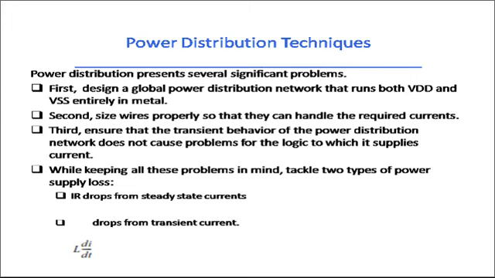Whenever you route VDD as well as VSS, the size of the wire should be sufficient to handle the required currents inside your IC. Also, the transient behavior of the power distribution network should not cause a problem for the logic to which the current is being supplied.